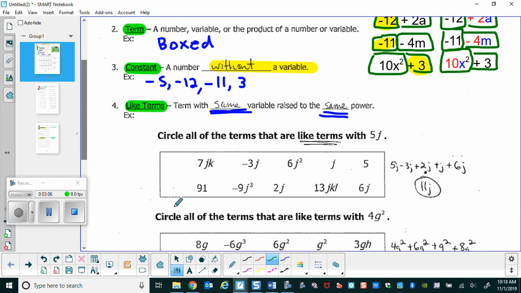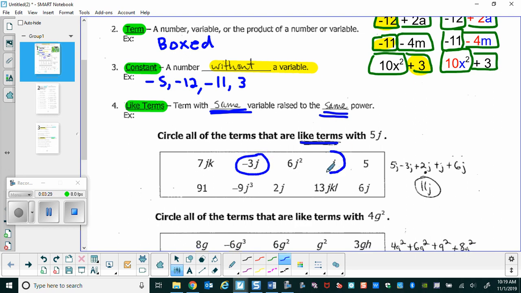So down here, what we're going to do is circle all of the like terms with 5j, and the goal here is to say, what are the things that I could combine with 5j? So if I have 5j's, I can't add 7jk's because there's no k here, so those wouldn't combine. But I could take 5j's and subtract 3j's, and I'd be at 2j's.